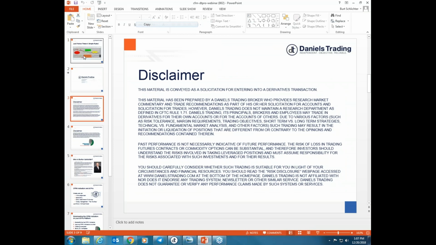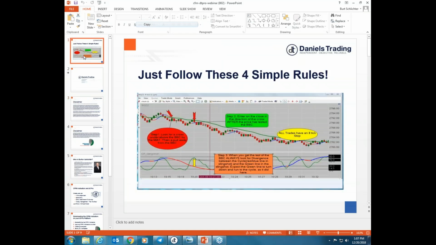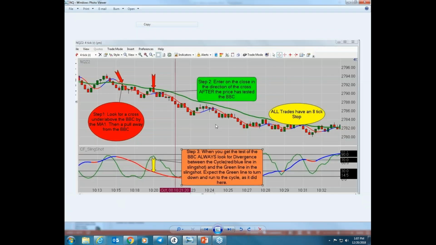All right. First order of business. Today's Thursday, 1 o'clock, and it's December 20th. So what we're going to do is spend an hour going over the CFRN trade setup in slow motion. The goal is to go over the setup: what it is, how it works, some of the buzzwords, the method, the rules, all that other stuff.